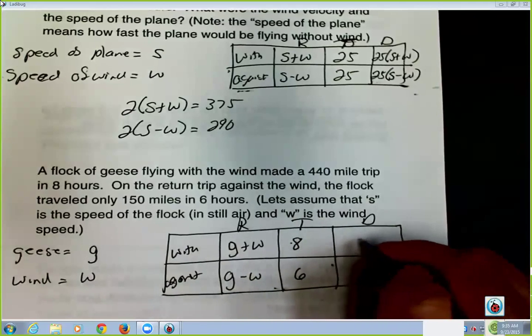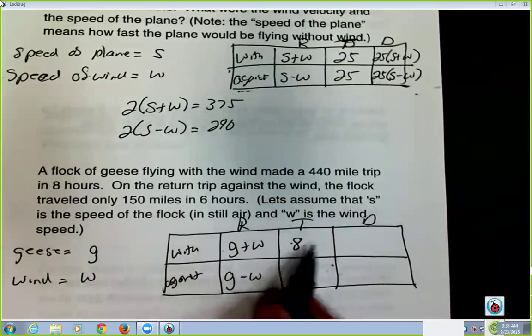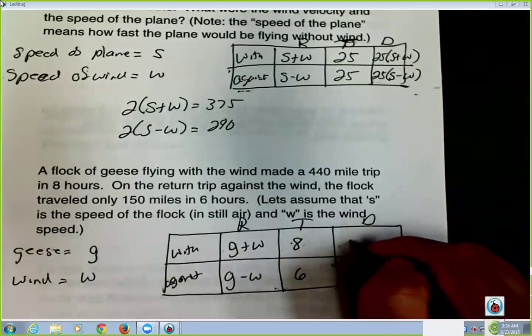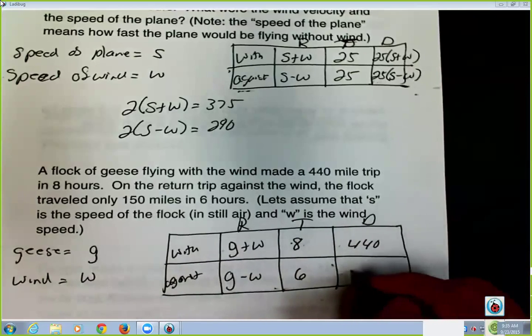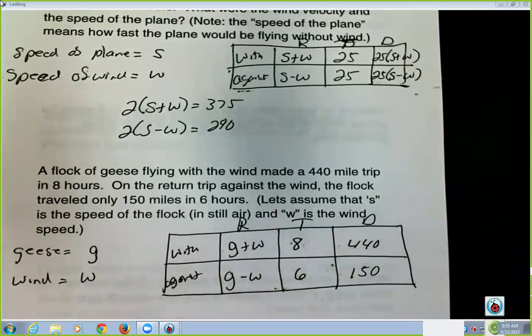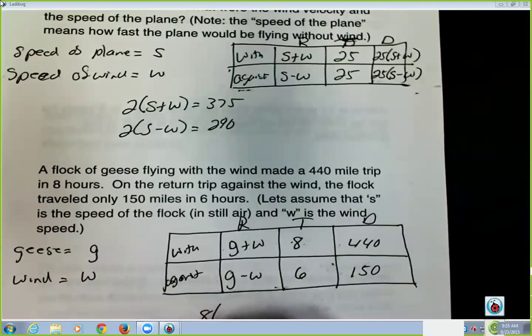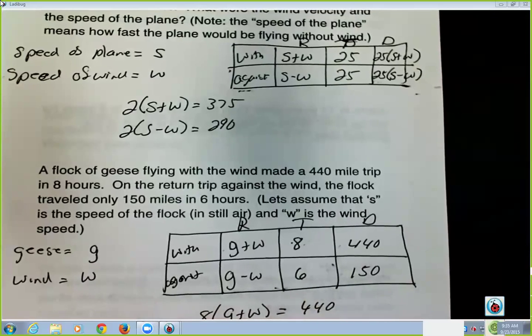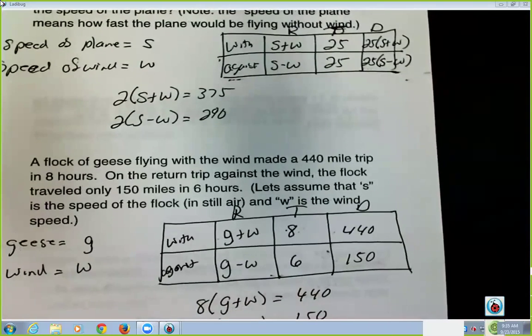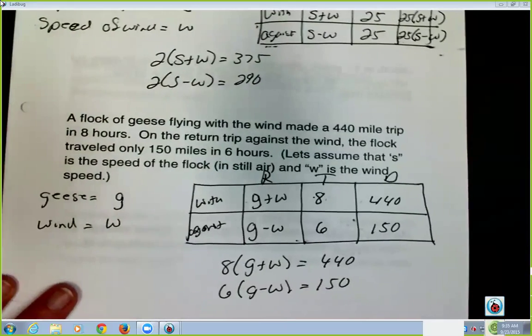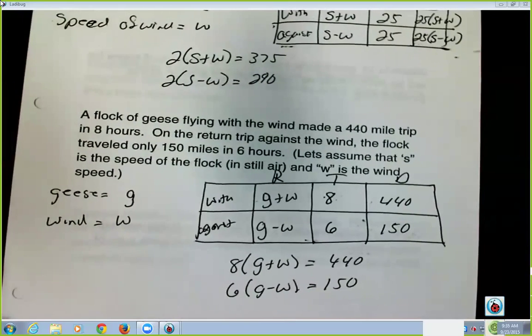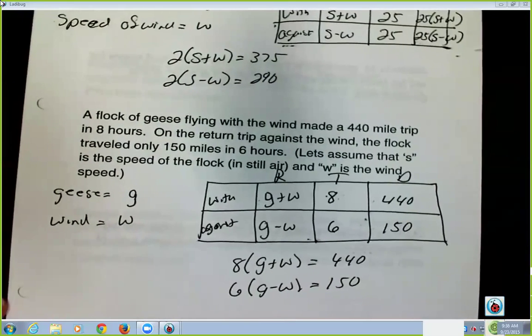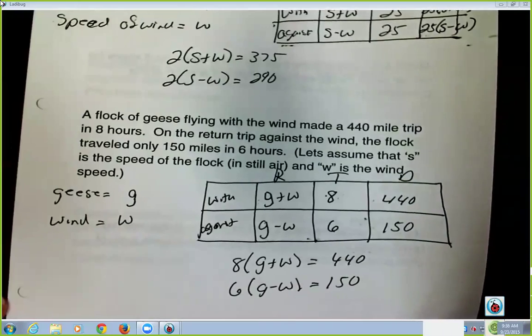And our distance that the goose traveled was 440 miles. And the other one was 150. So our two equations are 8 times G plus W equals 440. And the other one is 6 times G minus W equals 150. And then we can end up solving from there, okay, to get that one. Yay or nay? Okay.